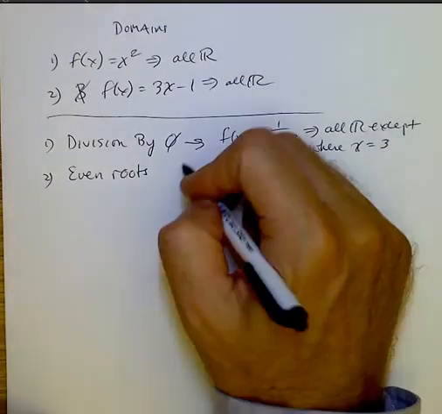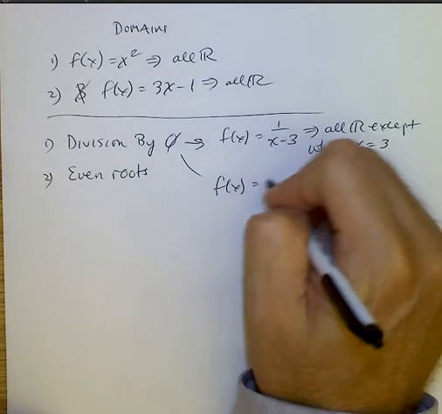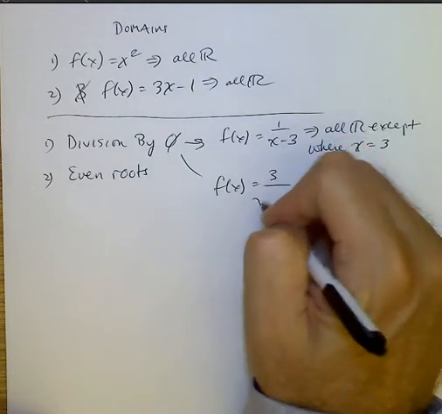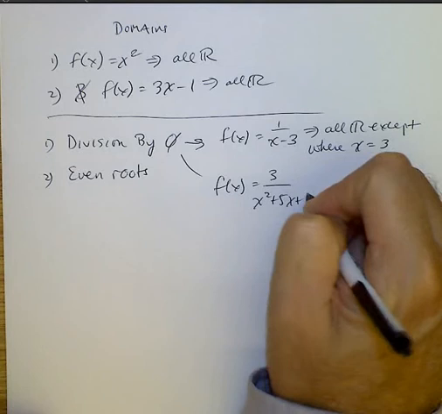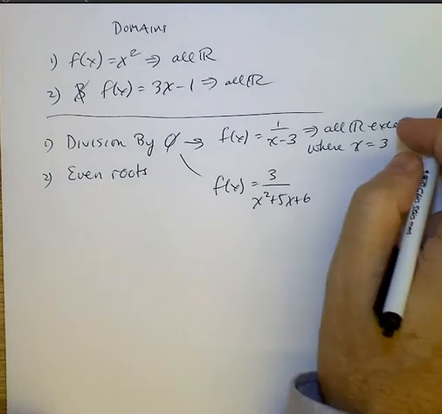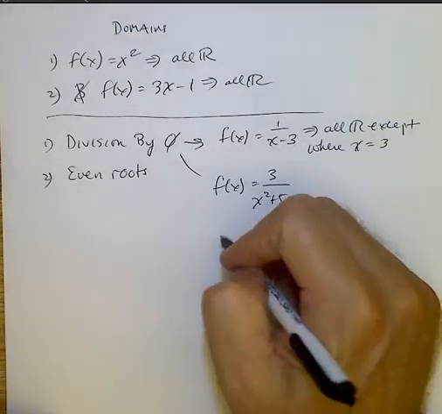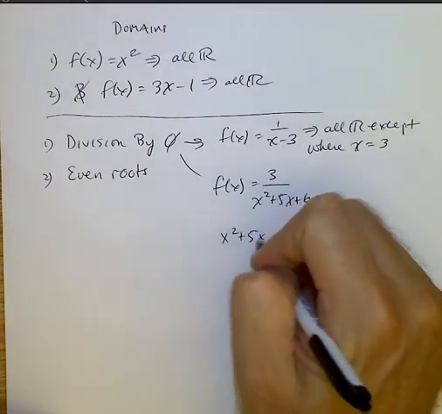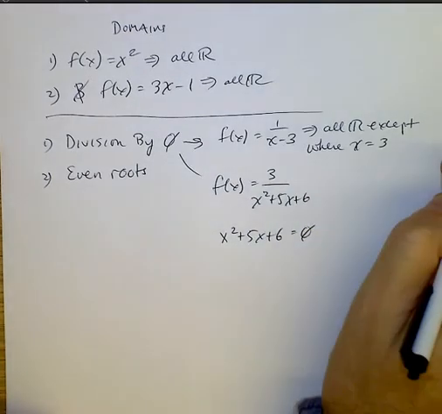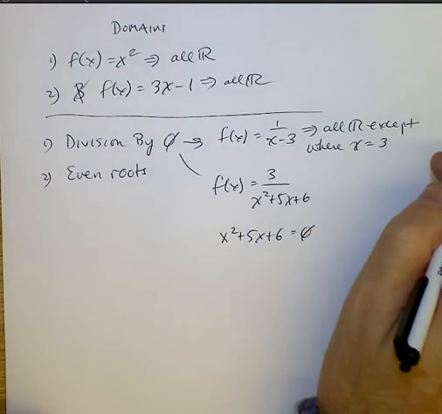If I gave you f of x equals 3 over x squared plus 5x plus 6, and I said, what's the domain? Well, once again, the denominator cannot be 0. So you can set the denominator equal to 0 and solve. And that would basically give you the values of x that are not permissible.